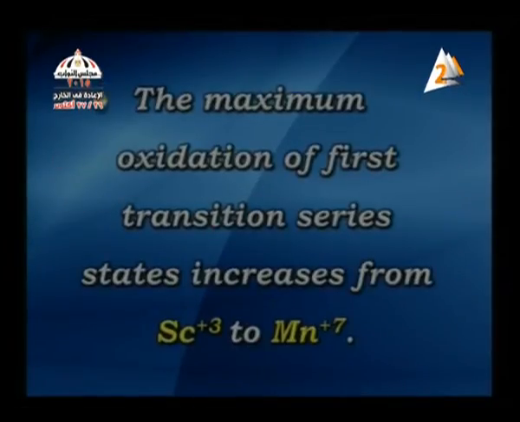Next point: the maximum oxidation state of the first transition series increases from scandium positive 3 till manganese positive 7.